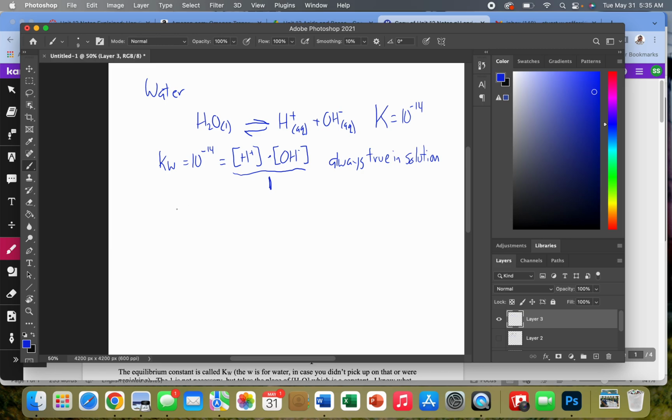Well, it turns out we can take the negative log of both sides, and you're like, why would I ever want to do this? Oh, ye of little faith. If we take the negative log of both sides, we get the negative log of 10 to the negative 14th, and that is equal to the negative log of the H plus concentration times the OH minus concentration.